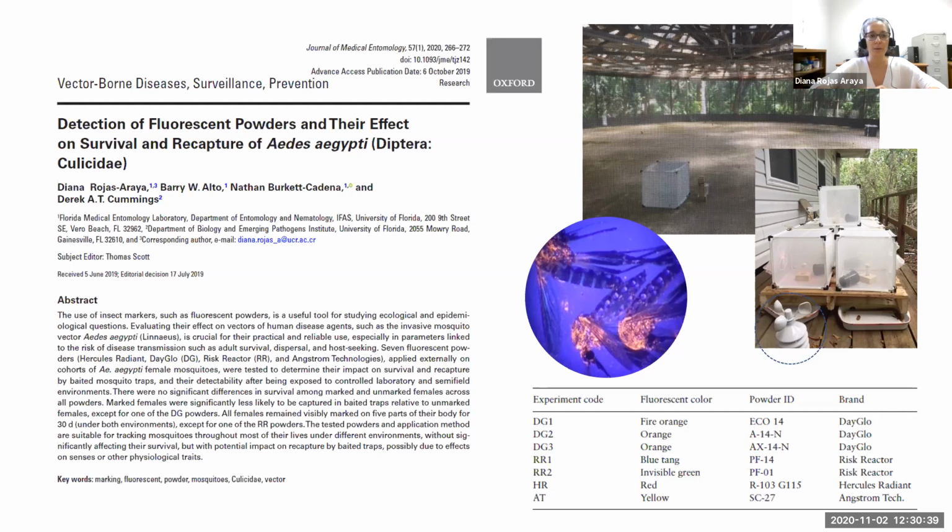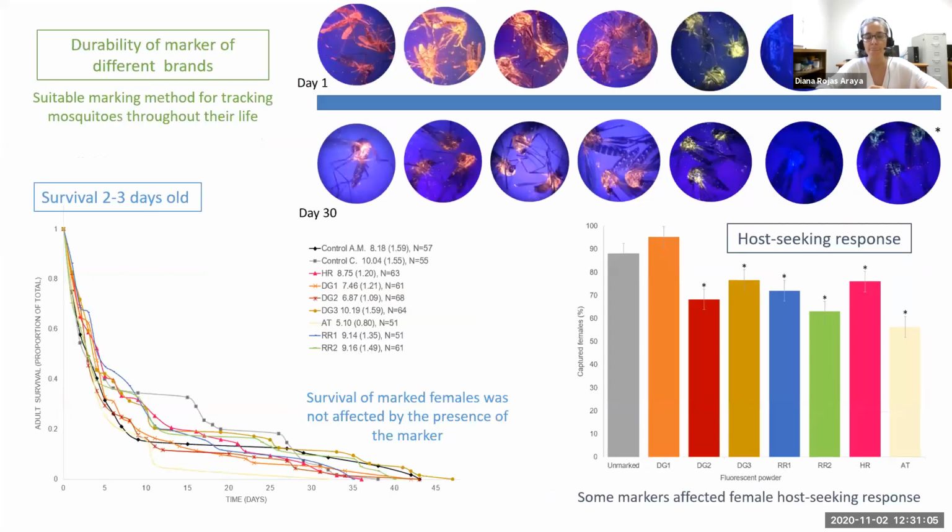In these 3 experiments, we tested the detection of the powders in different conditions during at least 30 days. We evaluated their effect on survival and their recapture using a lured trap, which is also an indirect way of measuring the host seeking response, because the trap that we used was lured with a BG lure that resembles the host odor.